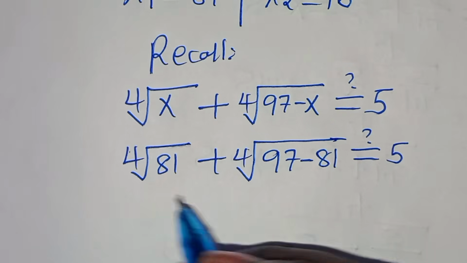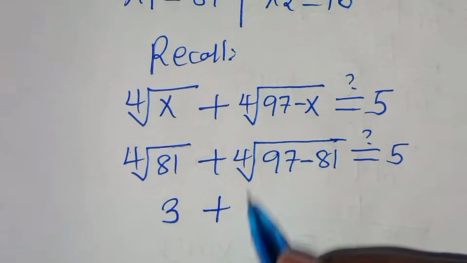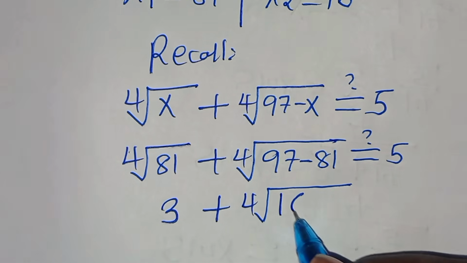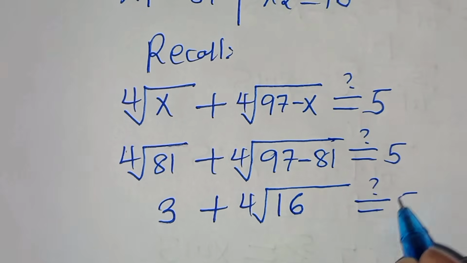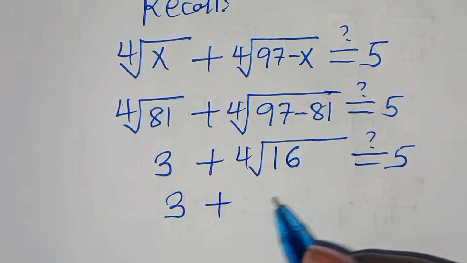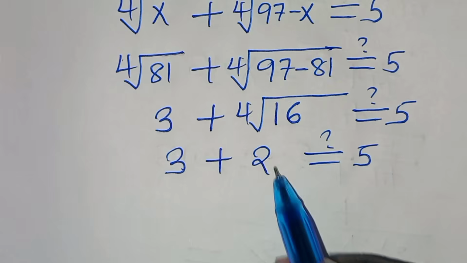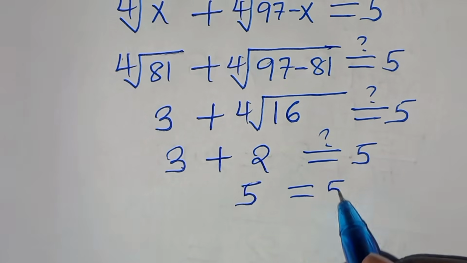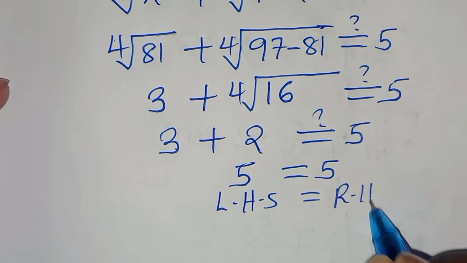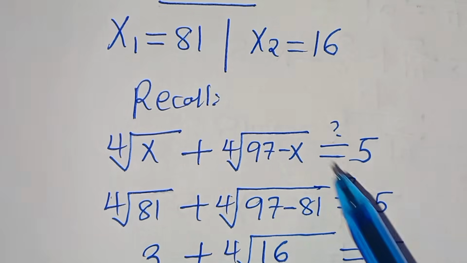The fourth root of 81 is 3, then plus the fourth root of 97 minus 81, which is the fourth root of 16, which is 2. So we have 3 plus 2, this is 5, which is equal to 5. So the left-hand side is equal to the right-hand side, and this proves that x1, which is 81, satisfies the equation.